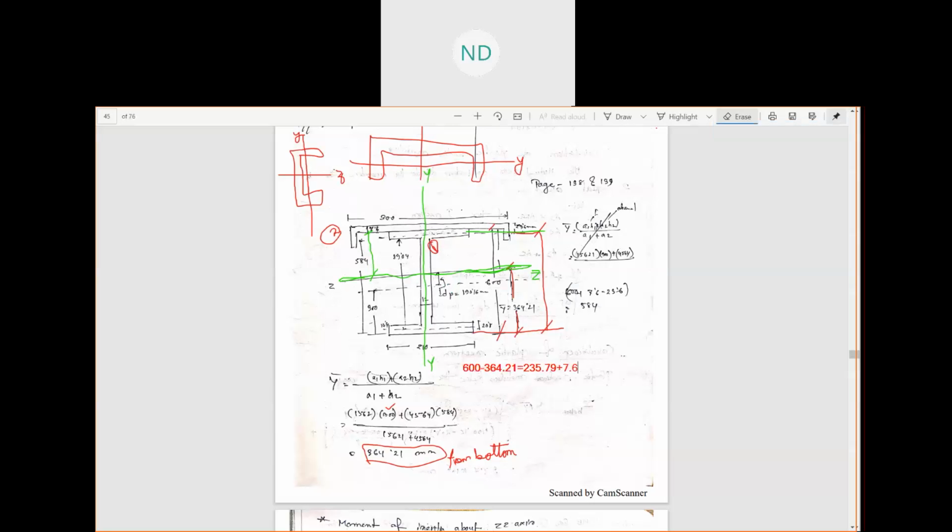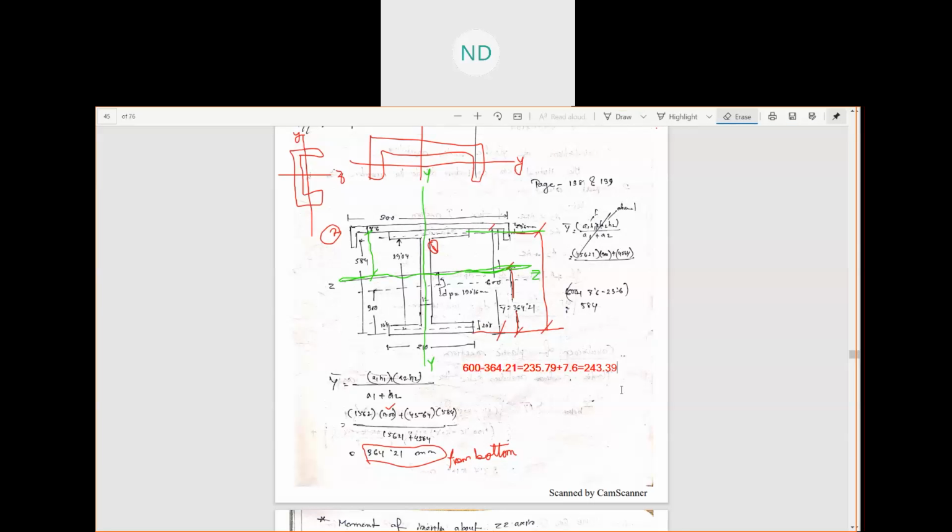That means this portion is 235.79. Now this plus the entire thickness of the web, 7.6, how much can we get? We can get 243.39. Okay.